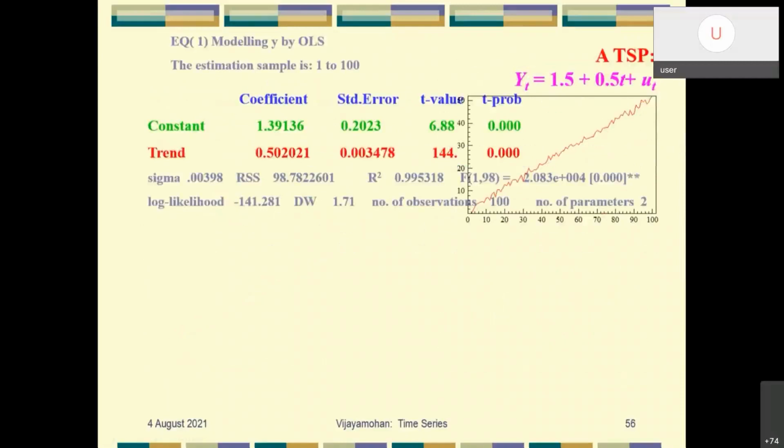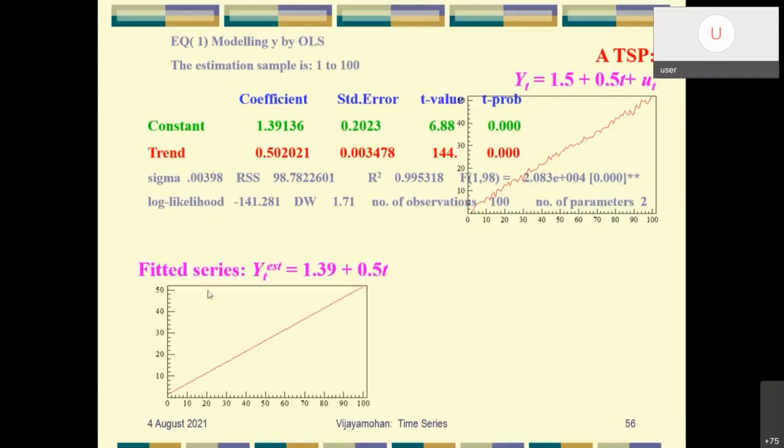Suppose we have a particular variable, and that variable we have to regress on a trend. We get this trend, and then that variable value minus this trend, that is the estimated trend, will give us the fitted series, 1.39 plus 0.5t.